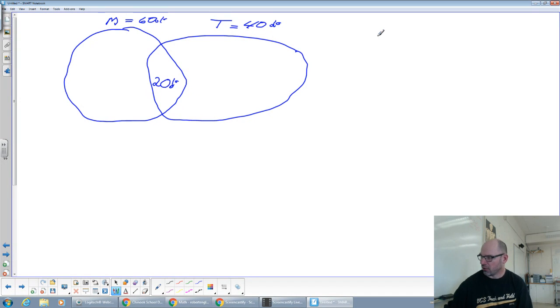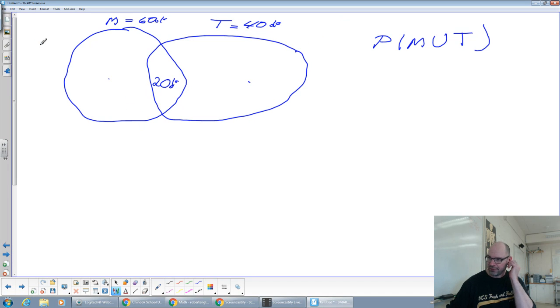Now the question that they want is, what's the probability of snow on Monday or Tuesday? So Monday or Tuesday is everything in the circles. So we have to find this, and we have to find this. We have to add all three together. Okay? And then there's stuff out here as well if we do the square.